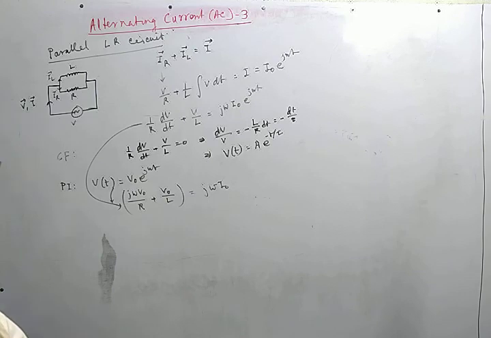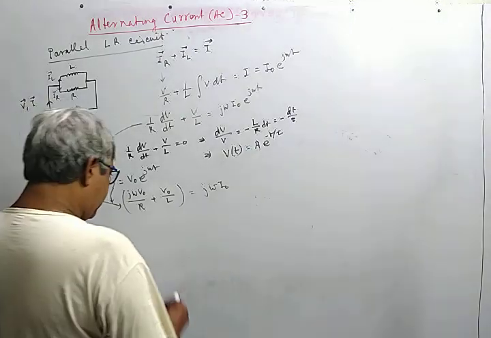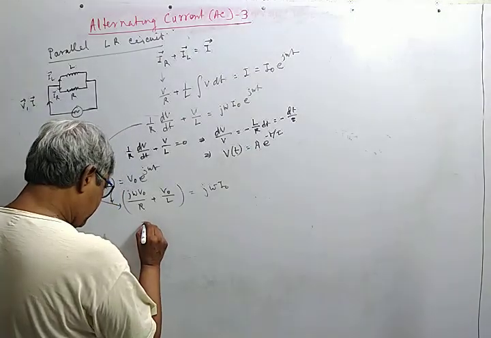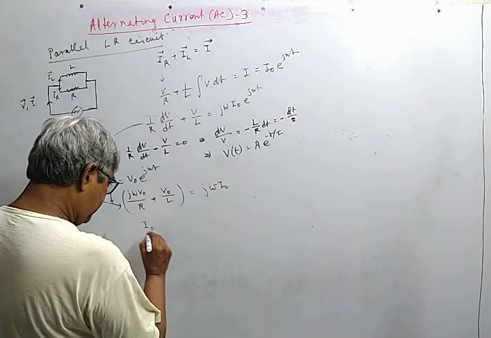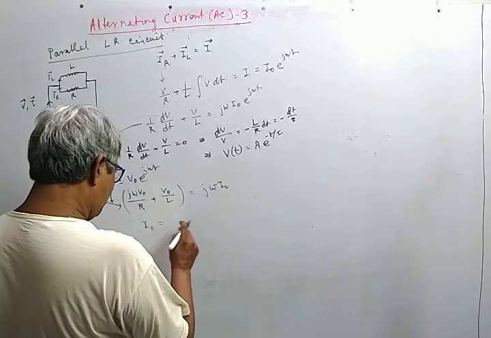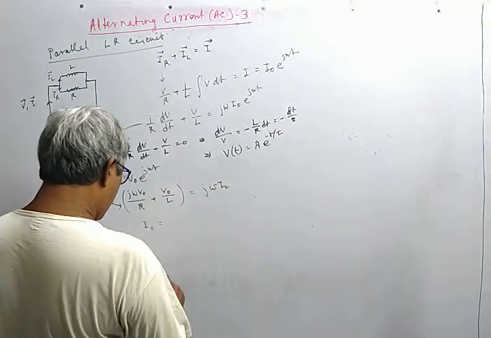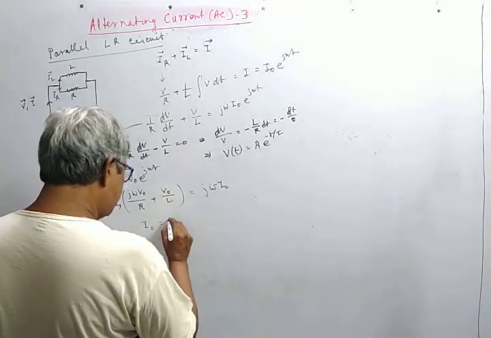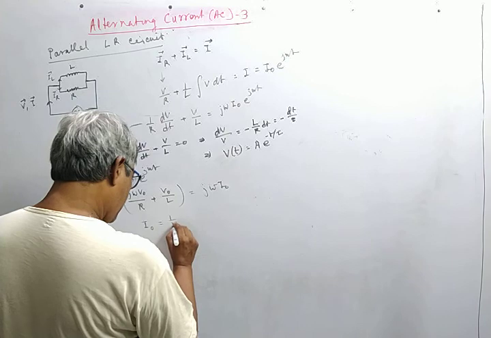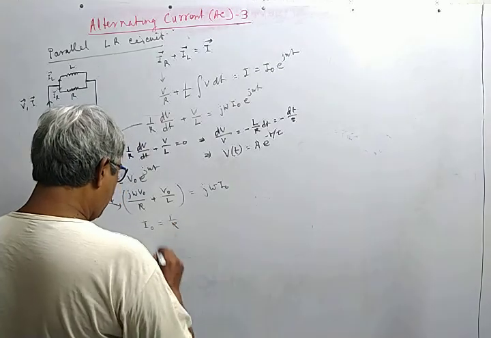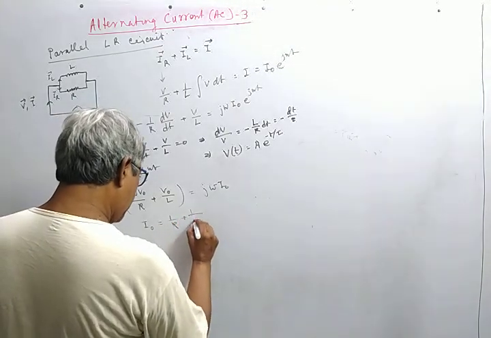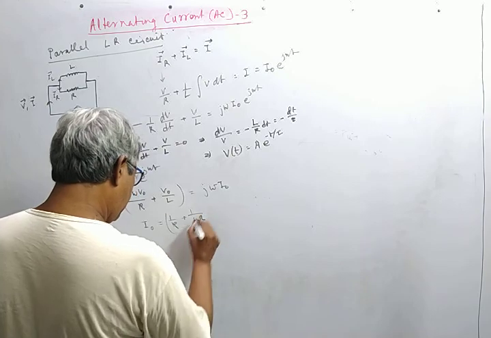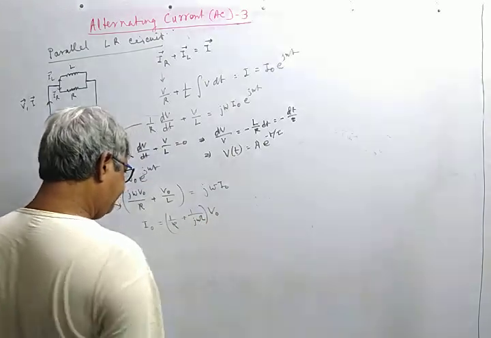We want an expression for I, so we write I0 is equal to V0 common, and we divide both the sides by j omega, so it is (1 by R plus 1 by j omega L) V0.